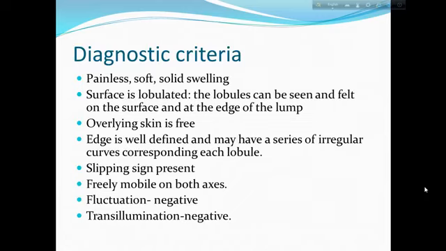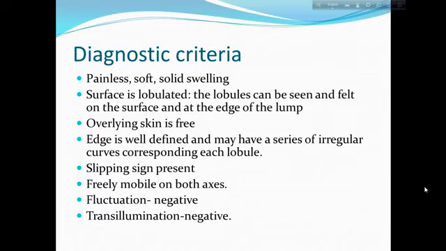If the fluctuation test is positive, then we feel the movement on the other finger, and it must be examined in two directions, horizontal and vertical.